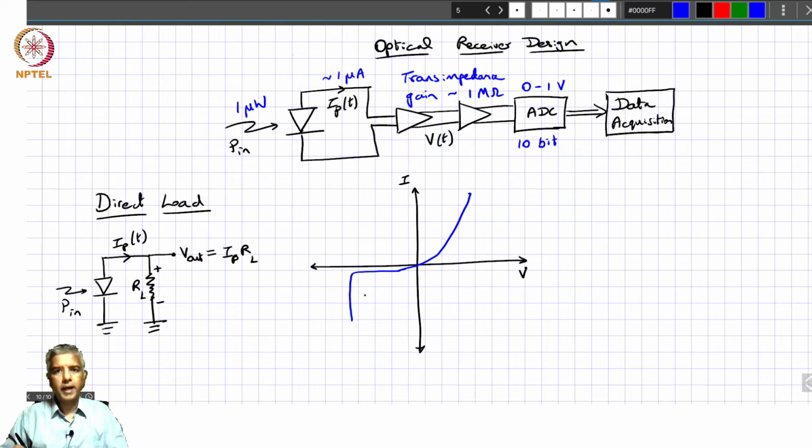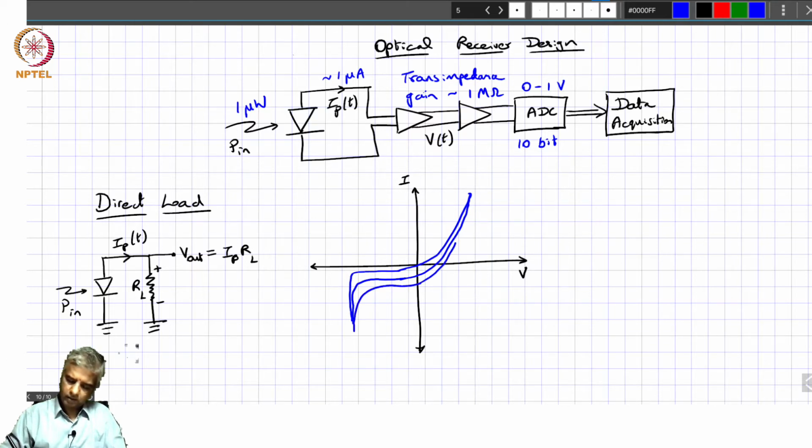So the question is, what happens if you have light incident on it? Without any light incident on it, if you change the voltage across the diode, this is what you get as far as the current is concerned. But what if there is some light incident on it? Then we will find that there will be a change in the photocurrent, basically the reverse current that you're getting off the photodiode, and so you would have an increase like this, and then like this, and so on.